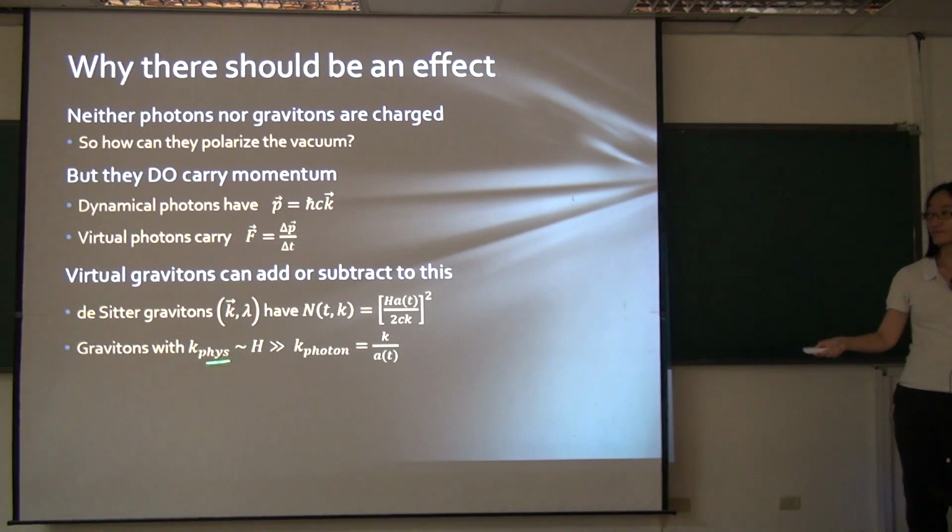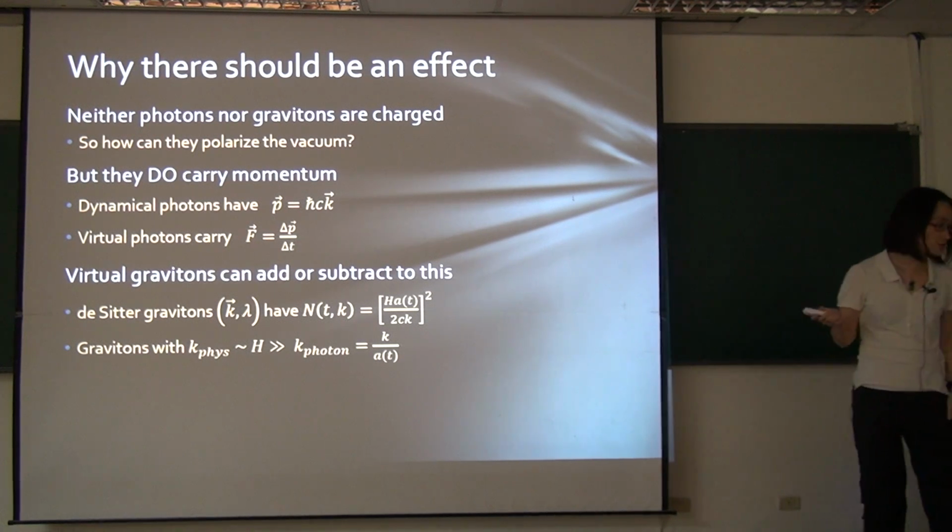And this physical momentum of the gravitons is much larger than the physical momentum of these photons. So you can imagine when these virtual gravitons hit these photons, and photons have a very small momentum, you can expect a big change, and hence you can see the change carried by the virtual photon, and the EM force will be changed. So this is the picture.